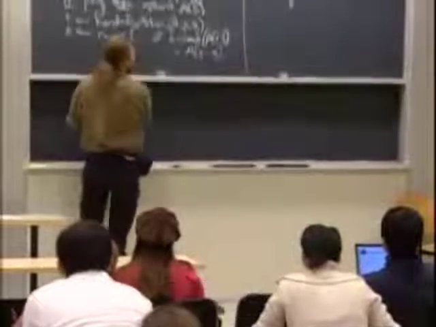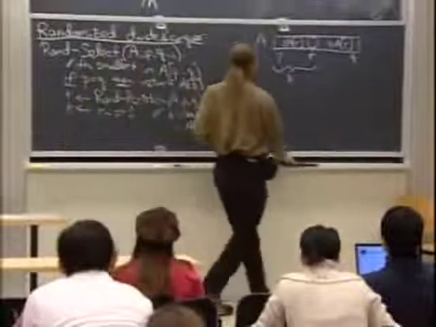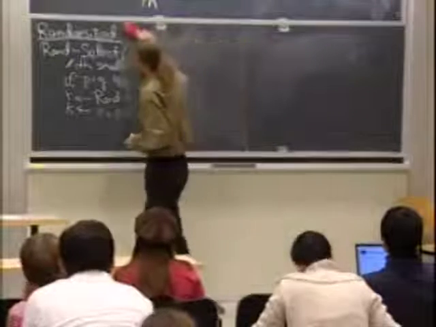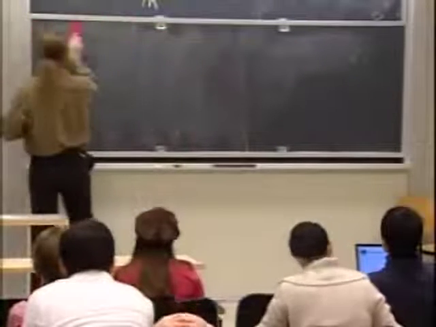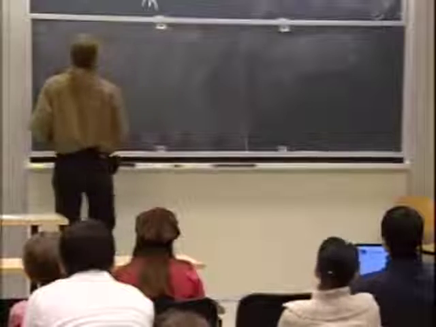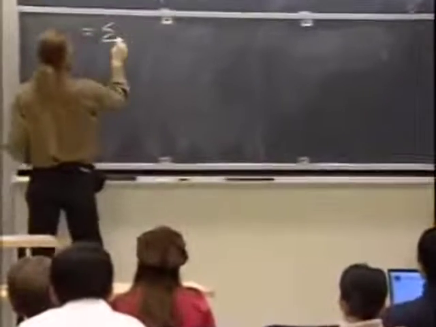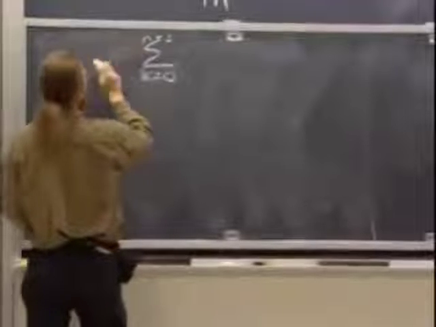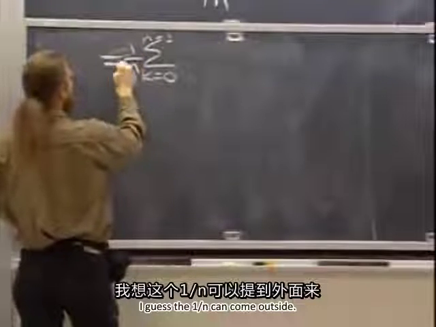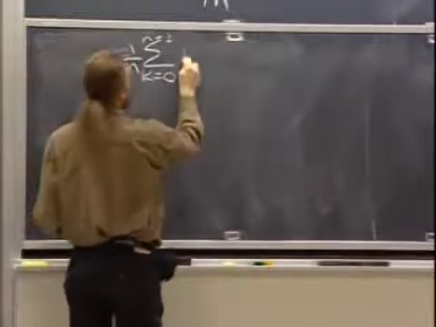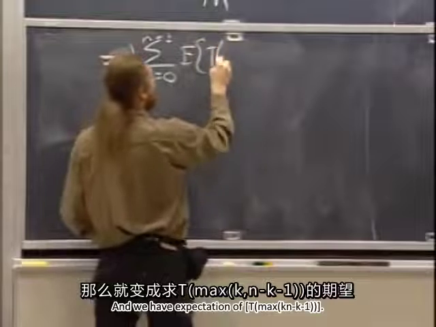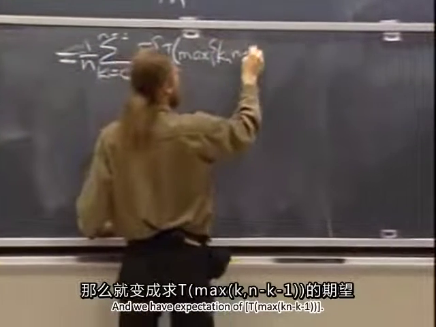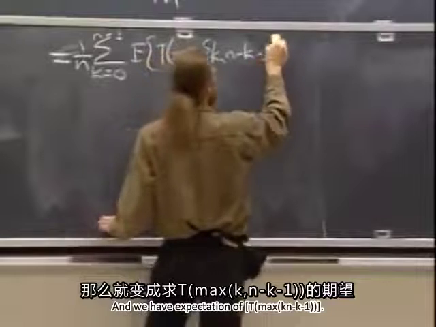expand this. Okay, so we have the sum k equals 0 to n minus 1. I guess the 1 over n can come outside. And we have expectation of T of max of k and n minus k minus 1.